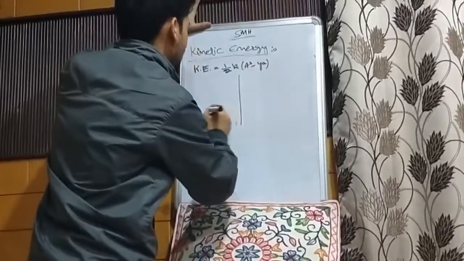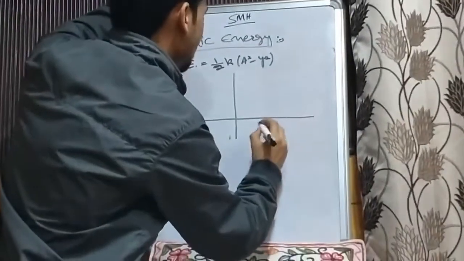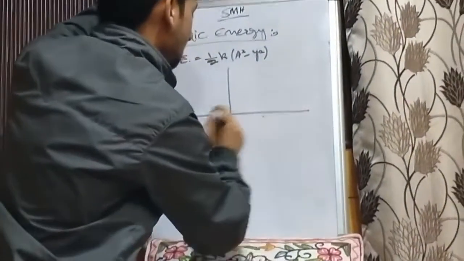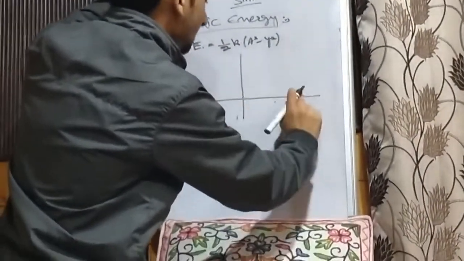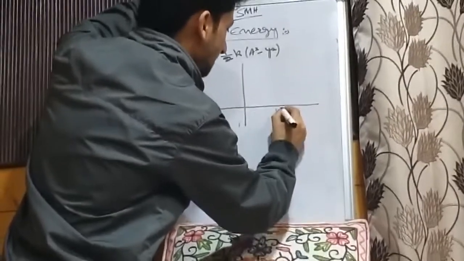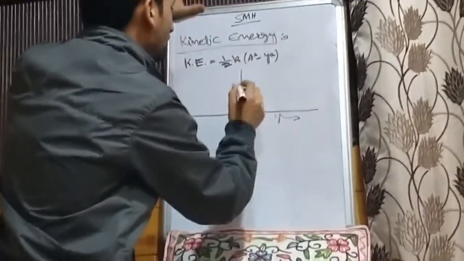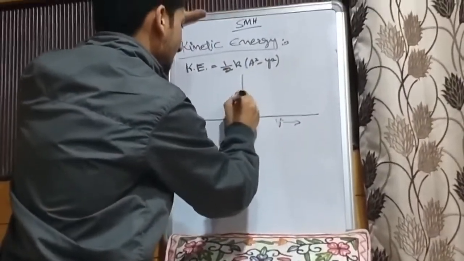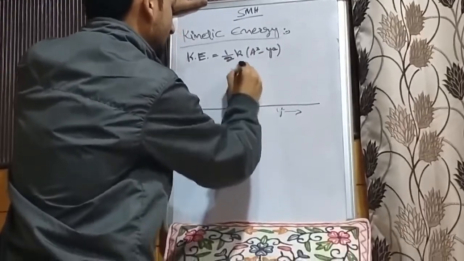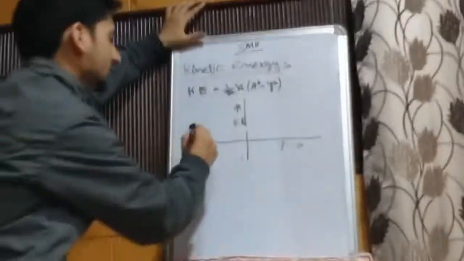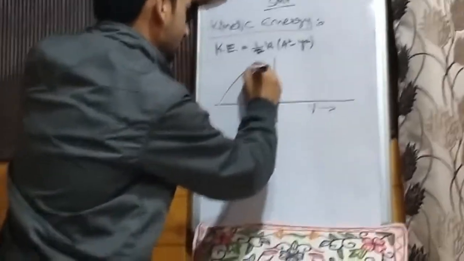So let's plot the graph between the displacement and kinetic energy. Let us suppose x axis represents the displacement and y axis represents the kinetic energy. And if we plot the graph, the graph will be like this.